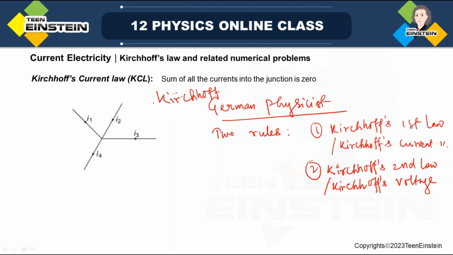Kirchhoff's current law is abbreviated as KCL, and Kirchhoff's voltage law is abbreviated as KVL, which we are going to discuss. Kirchhoff's voltage law has got another name, Kirchhoff's loop rule, or simply loop rule.